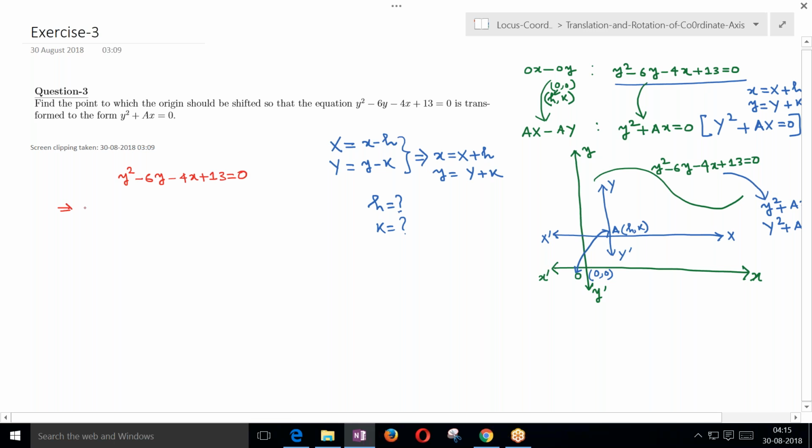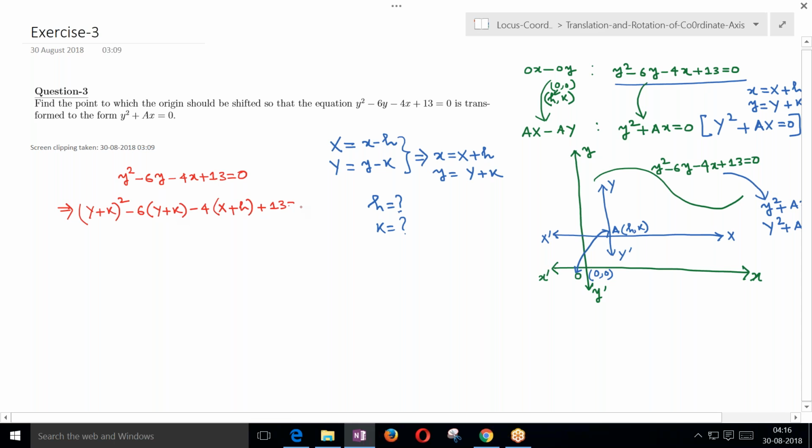So if you look into the transformation, y becomes capital Y plus k. So it is (capital Y plus k) whole square minus 6 into (capital Y plus k) minus 4 into (capital X plus h) plus 13 is equal to 0.